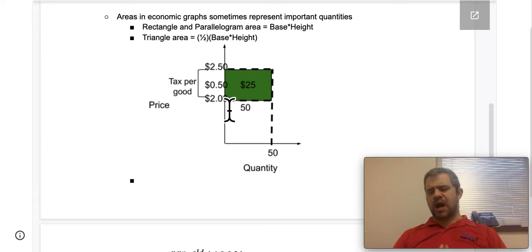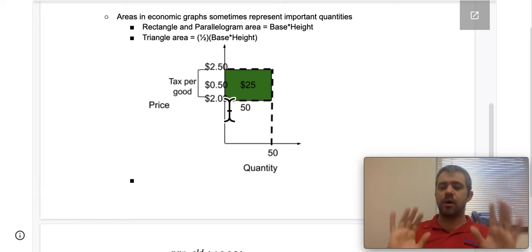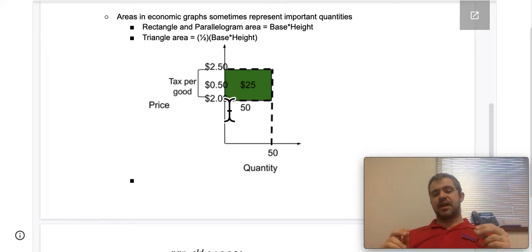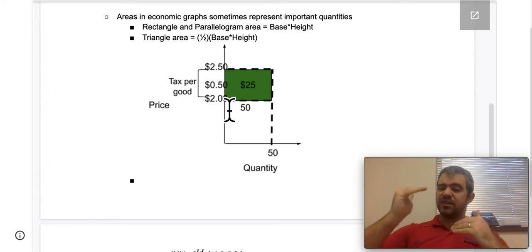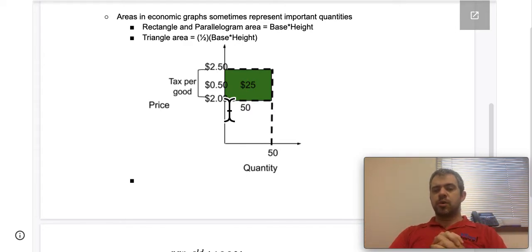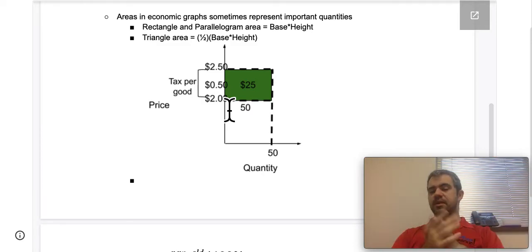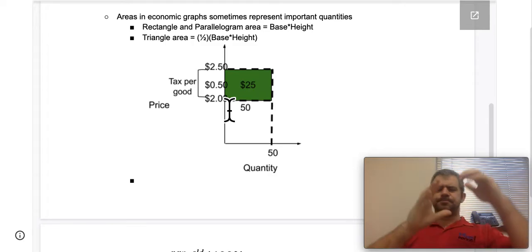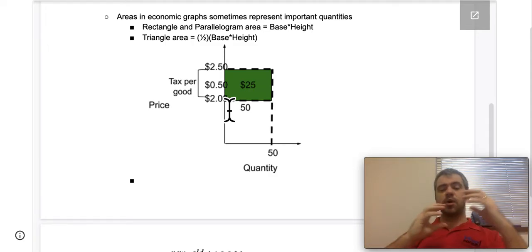Why are we looking at these graphs? Why can't we just multiply numbers, Mr. McClung? You're just making things complicated. No. The idea is, when we start drawing these graphs, we're going to start shifting things, and some things are going to get bigger and some things are going to get smaller. So when we start drawing these graphs, you're going to see, oh, the revenue gets bigger. Oh, the tax gets bigger. Oh, the profit gets bigger or smaller.